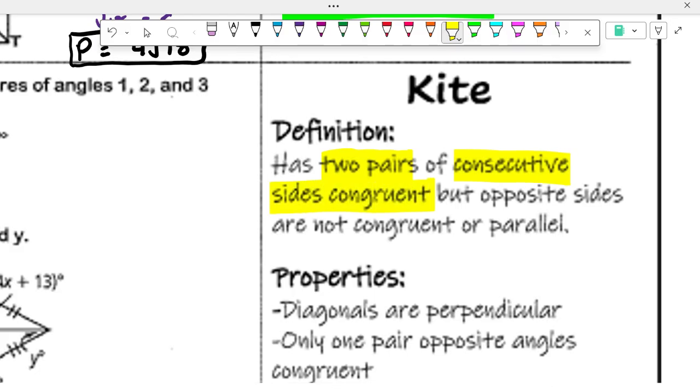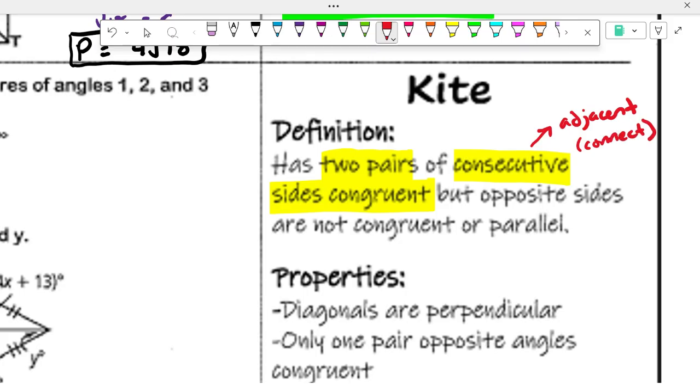Now, what does consecutive mean? Back to back, right. So adjacent, meaning they connect.